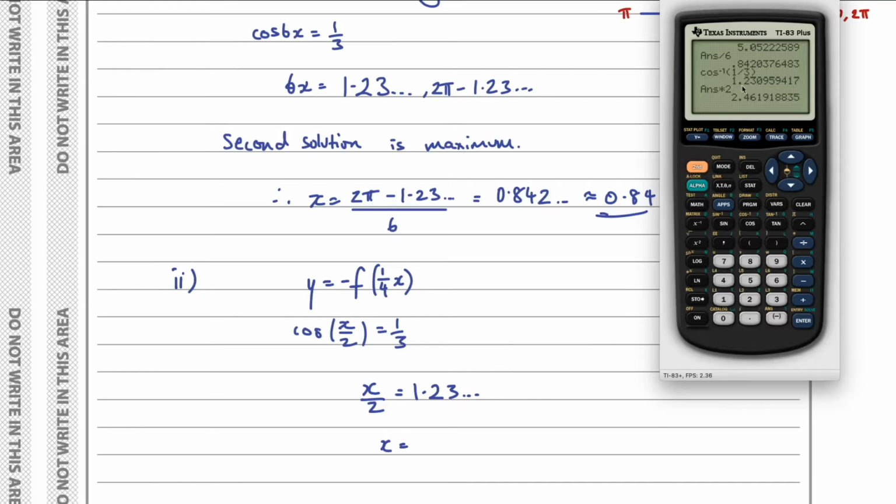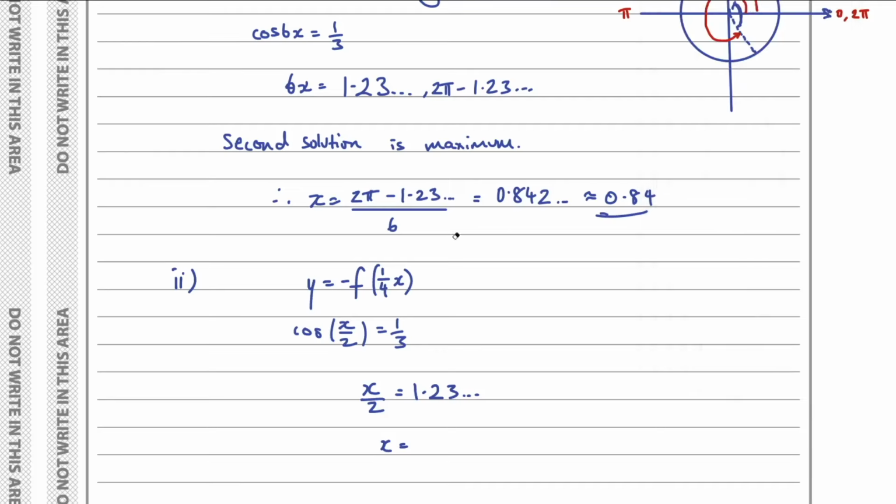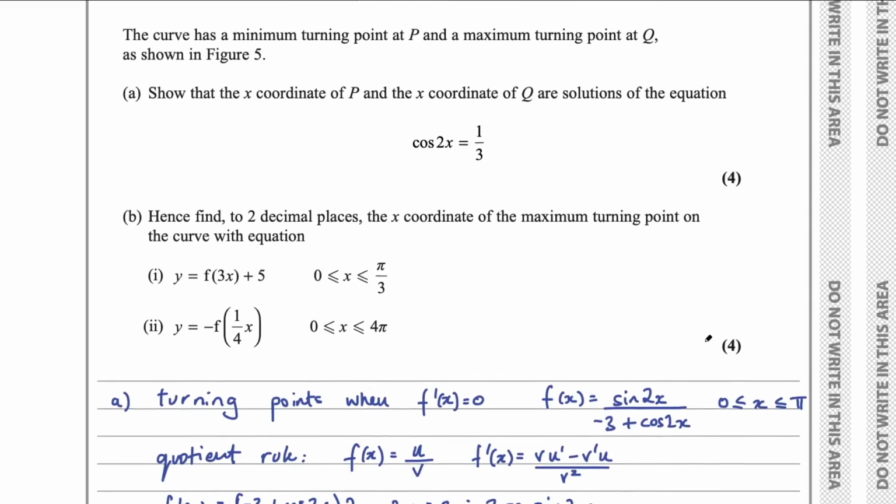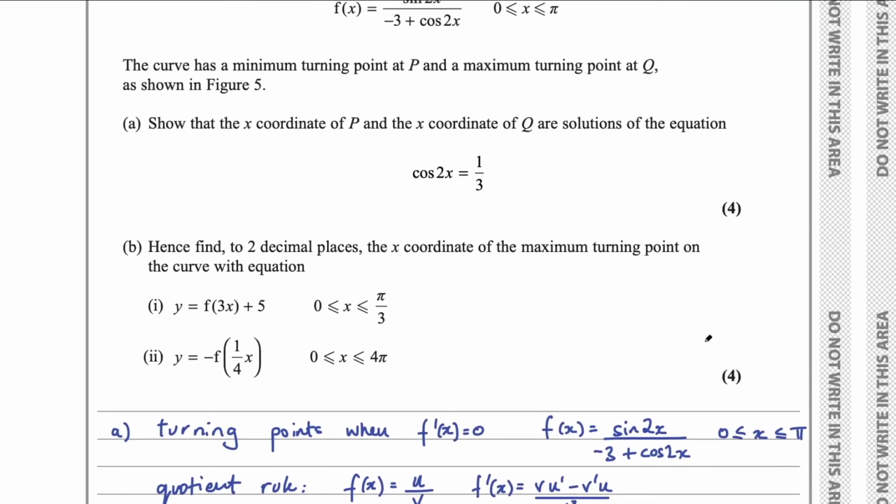So we had the inverse cosine of 1/3 multiplied by 2 gives us 2.46. And we don't have to round that up. So our final answer there to 2 decimal places, 2.46. Okay, so that was part B and question 11 for a total of 8 marks.